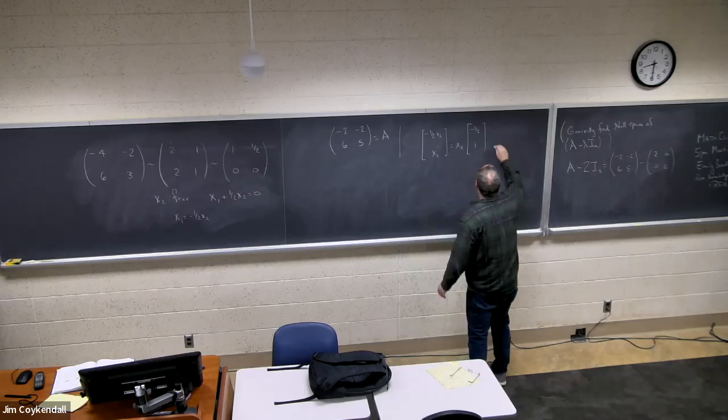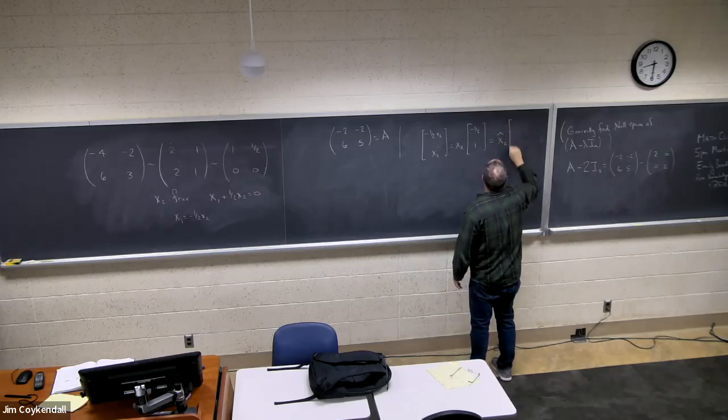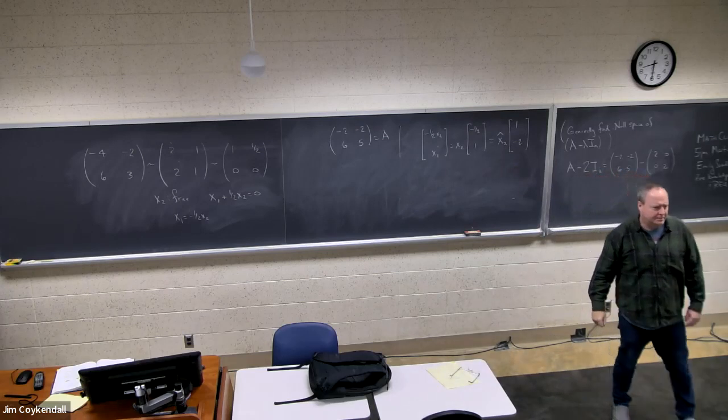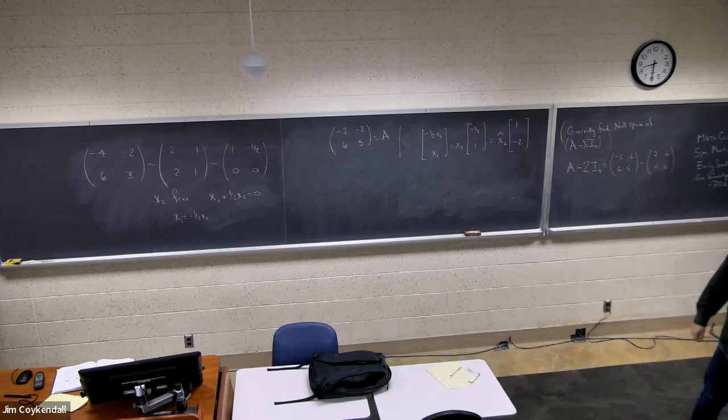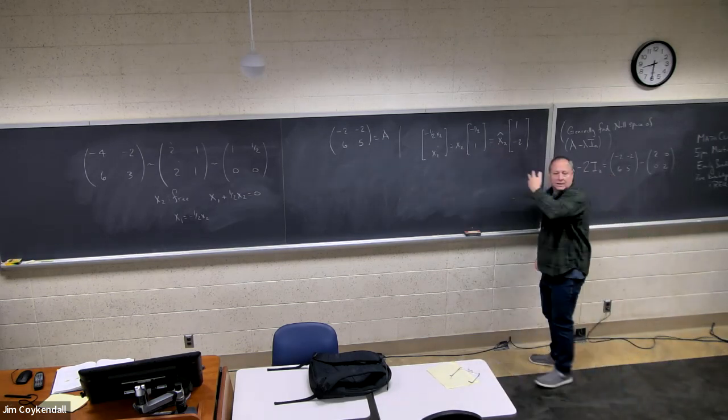I don't like that fraction, so I want to put x2 with a hat on it, giving (1, -2). What did I do there? I multiplied by -2, and it doesn't really matter, right? Because this constant can be anything.